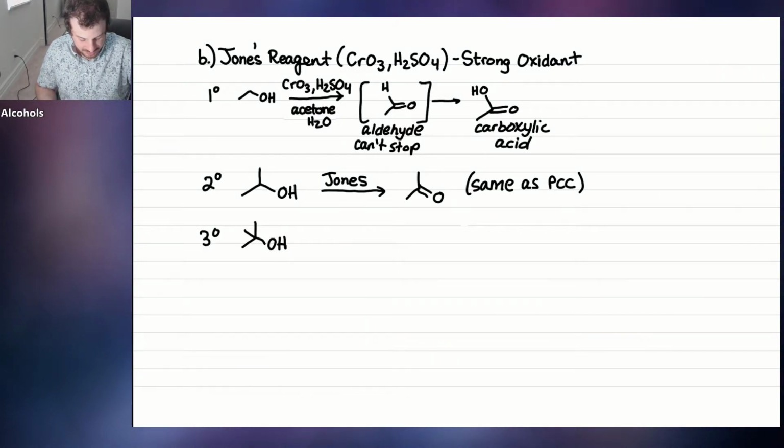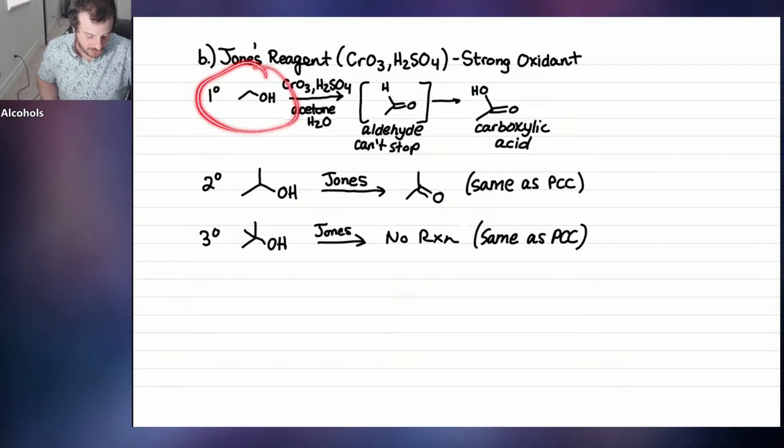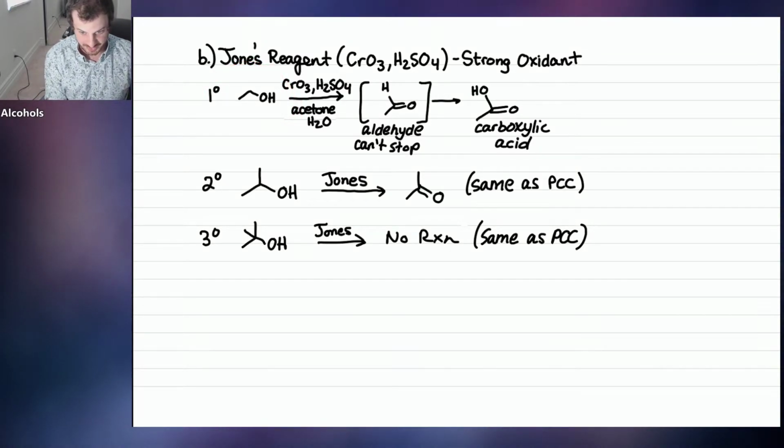It does nothing. So Jones, no reaction. Also the same as PCC. So the only difference is with primary alcohols, Jones's reagent will make a carboxylic acid, but PCC will just make an aldehyde. Okay, that's it for the oxidation reactions that we'll learn in this class for alcohols.